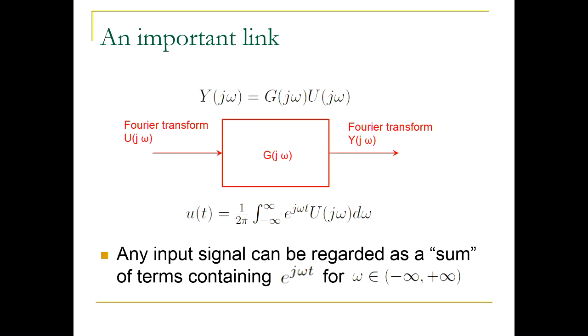All right. So, what is an important link? Well, think about a Fourier transform. Suppose I have an arbitrary signal and I find its Fourier transform. First, think about an input signal which is a sum of finitely many frequencies.